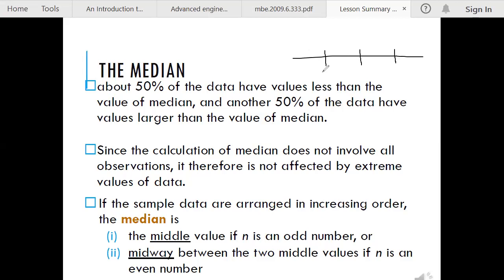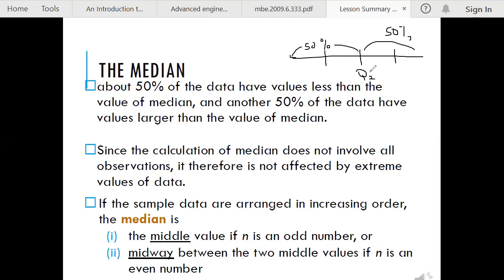These 3 partitions automatically mean that the second one, the second quartile written as Q2, divides the data into 50% below, between this and the lowest observation, and the other 50% above the second quartile, which is your median.